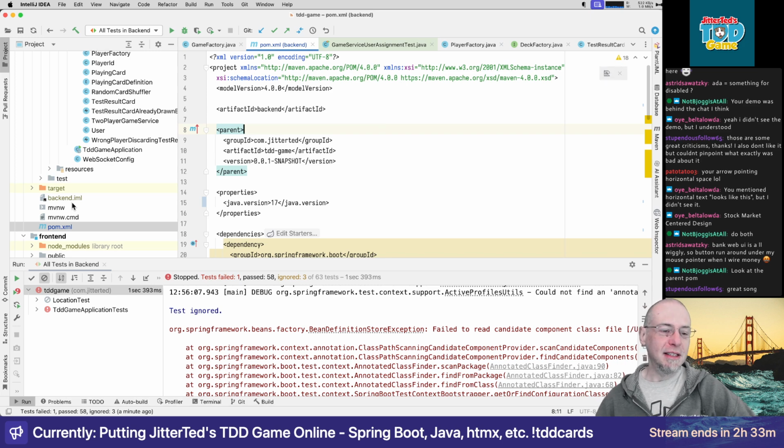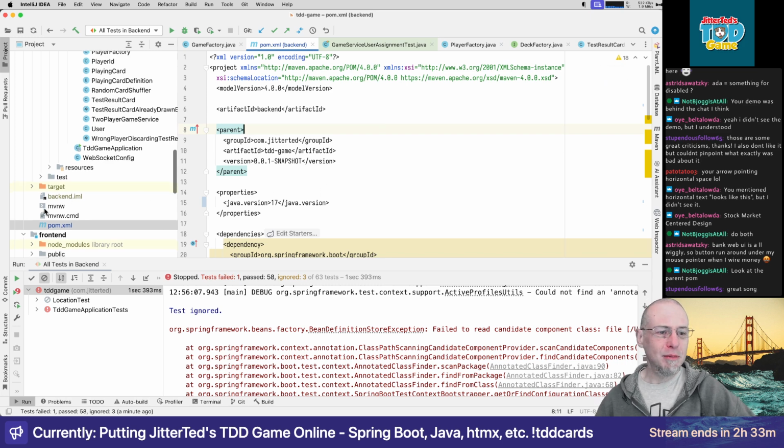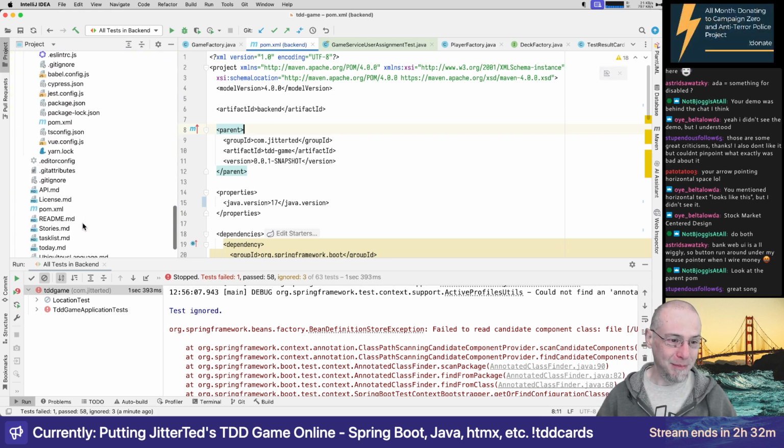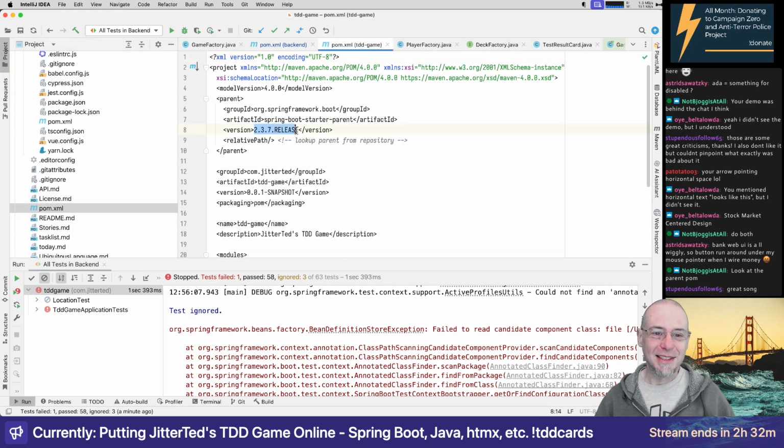Oh, right. I'm like, why can't I see the version of Spring Boot? Because I have to look at the parent POM, because this is a multi-module project with a front end and a back end. Totally forgot about that. Thank you. There is a higher level POM, which is this one. Okay, so 2.3.7, not too bad. We can get there.